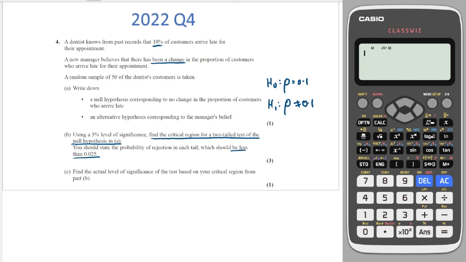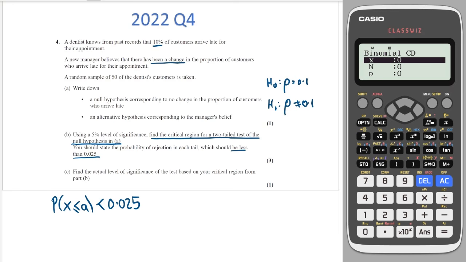So what we need to do is find the values which give me, in the cumulative binomial distribution, so here C, D, and variable, I need to look for the probability that x is less than or equal to a value which is going to give me a probability that's less than 2.5%.